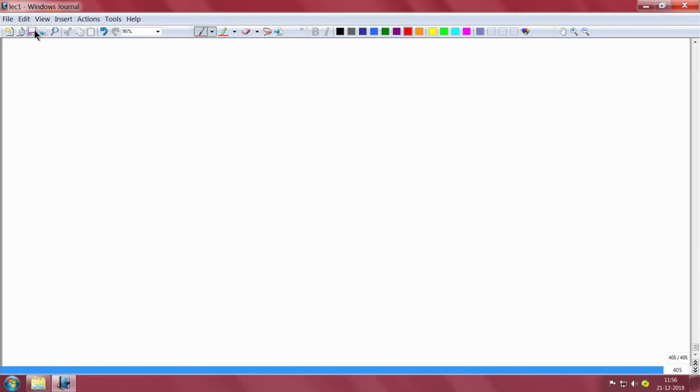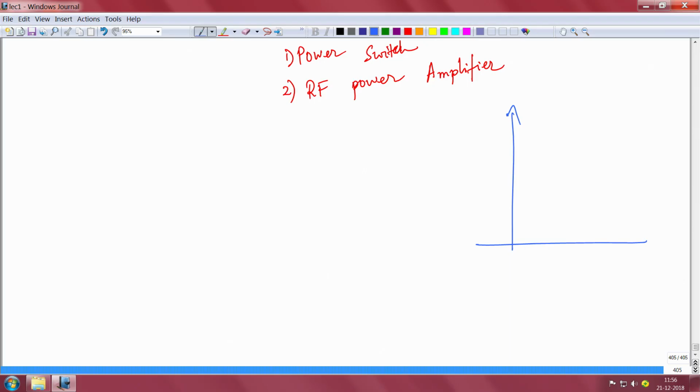Now I told you there are also other applications. If you recall, one application was power switching that we have talked about now. The second very important application is actually the RF power amplifier. This is a different kind of application, and the requirements of the transistor would be very different. For example, in the power switch I only talked about two things: that the current should be very high at very low voltage, and when it is off it should be blocking a large voltage, VBR.